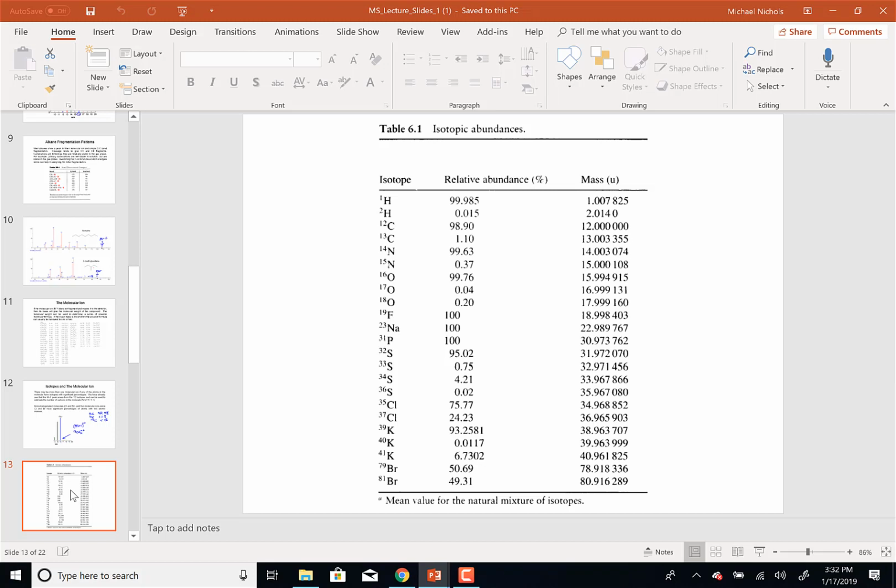It'd be nice if all of these atoms weighed the same, but remember we have isotopes. Carbon's atomic weight isn't 12, it's like 12.011, because we have to take a weighted average of all of the isotopes. So there is a carbon 12, which is 98.9%.